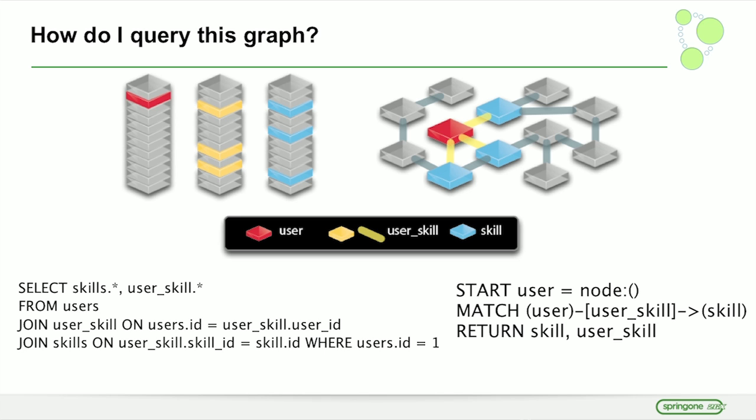And in the graph database, I say, OK, I start at a user, and I just match this single relationship between users and skills, and get the skills back and the relationships themselves as well. For instance, the relationship could store how good I am at the thing. For instance, I'm really good at Java and graph databases, and I totally suck at web design, right? So something like that.